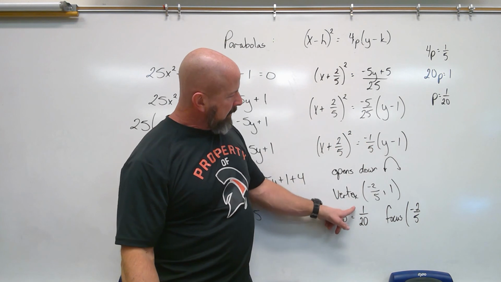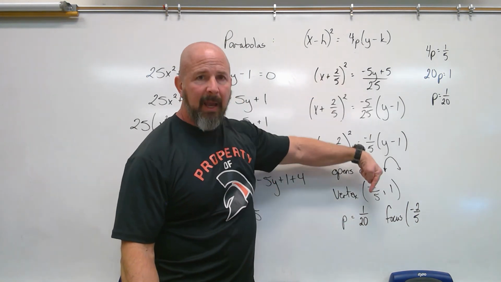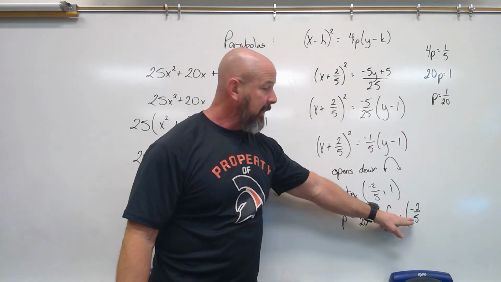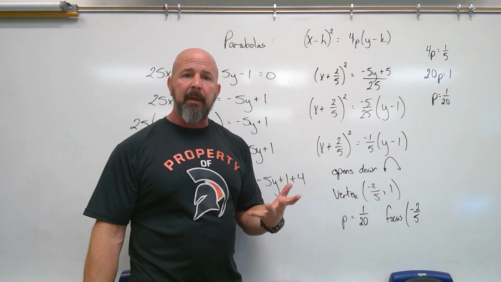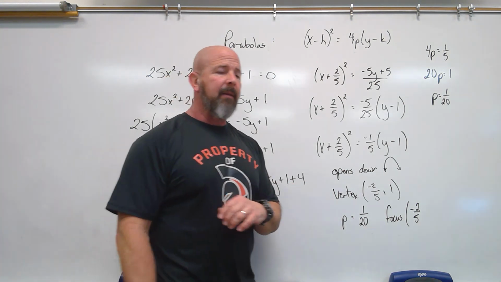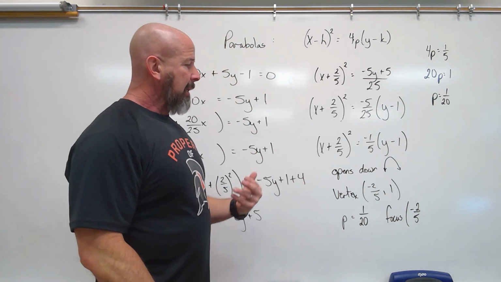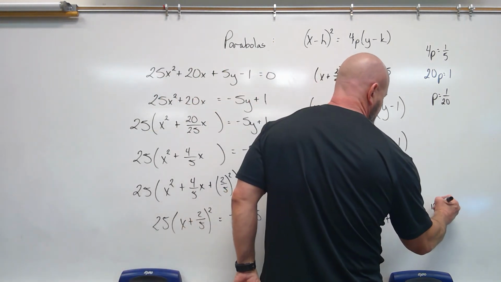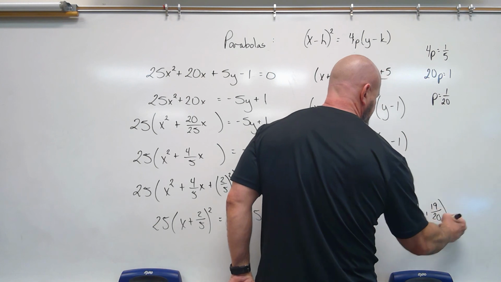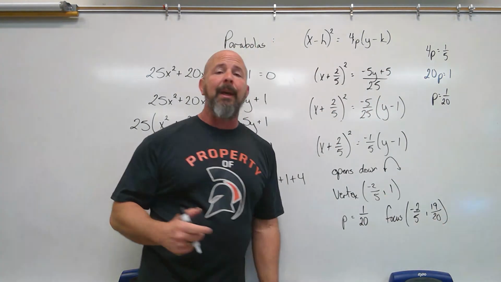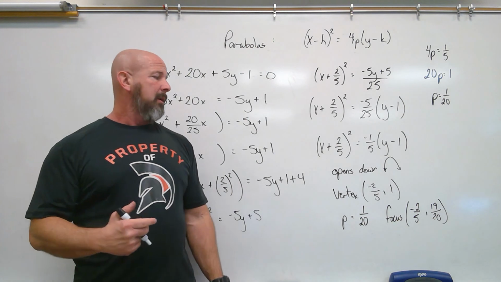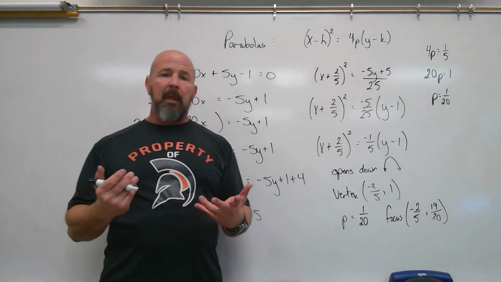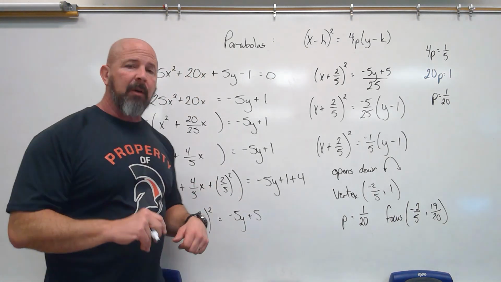So if I'm going to go 1/20th units, I'm going to have to go down 1/20th to stay inside here. That means the x value is not going to change. When I move up and down, that changes the y value. So that means my y value, if I go down, would be 19/20. In other words, it's 1 minus 1/20, which would be 19/20. If you'd rather work with a decimal, that would also be fine.